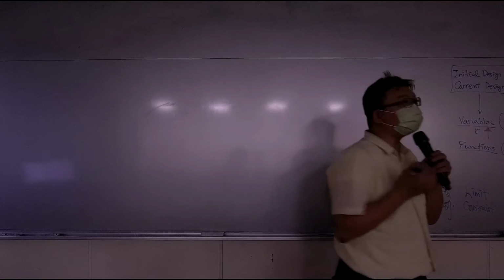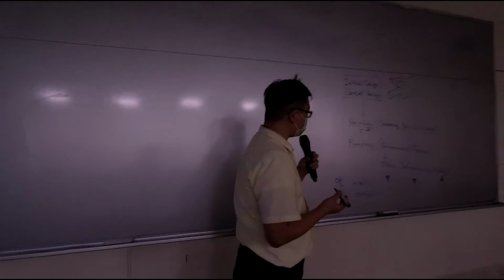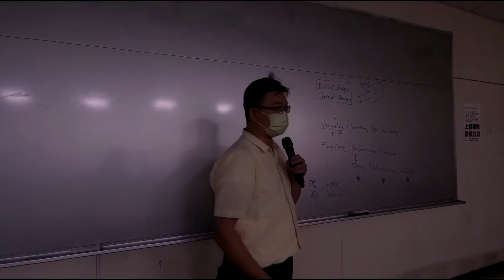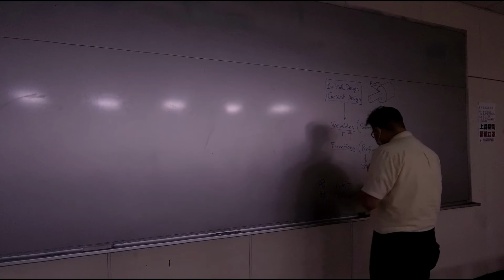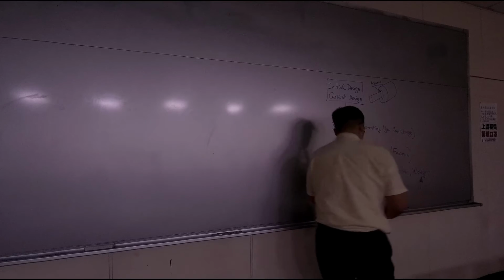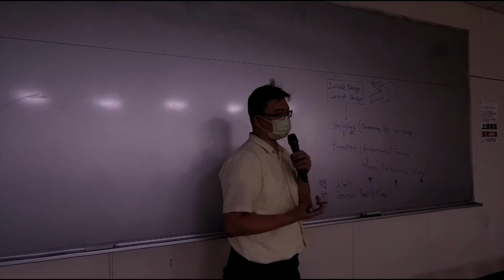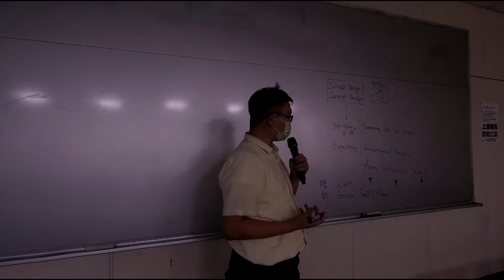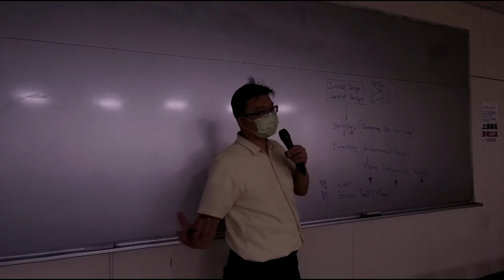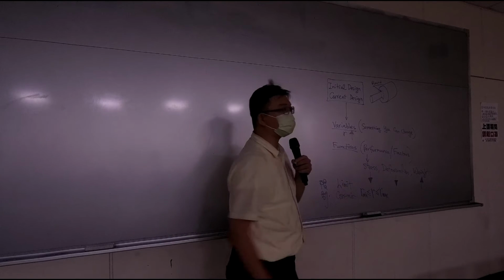So you can only design within the limit. So maybe your R can only be smaller than a max number or greater than a minimum number. Maybe R cannot be negative. R cannot be 1,000. R has a range.